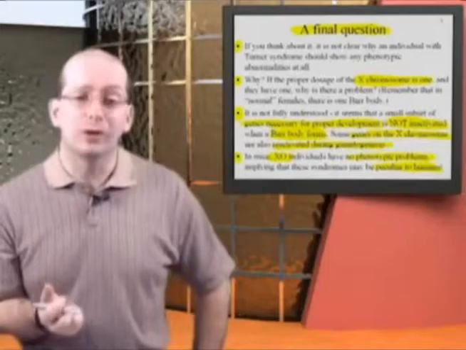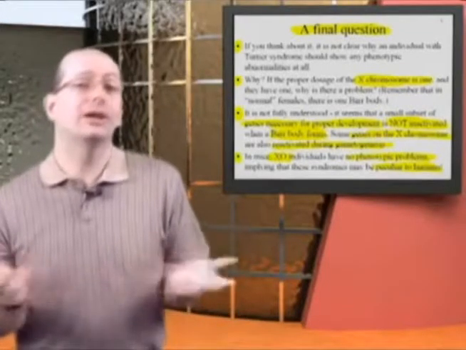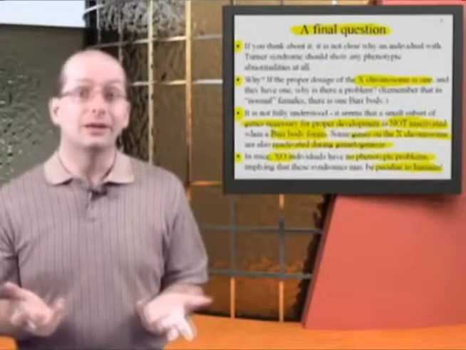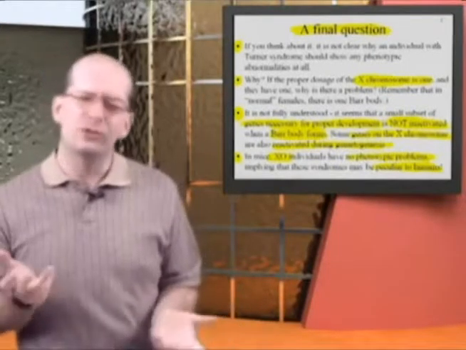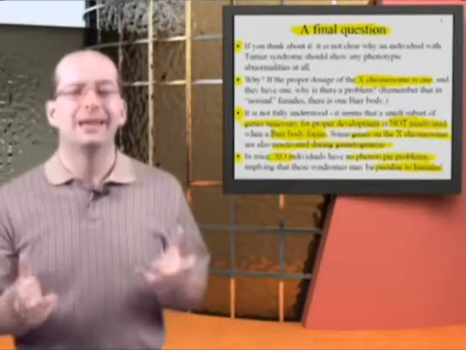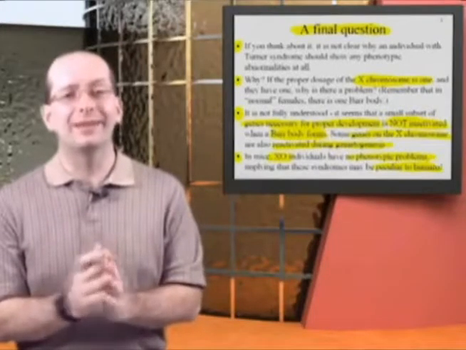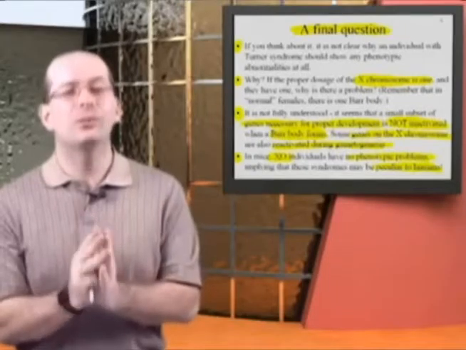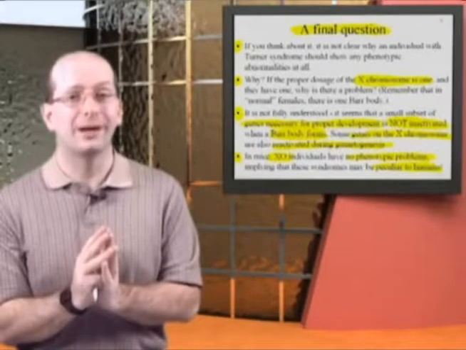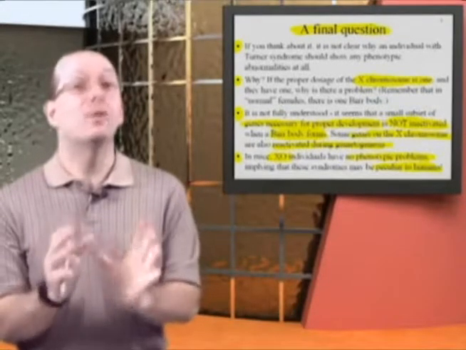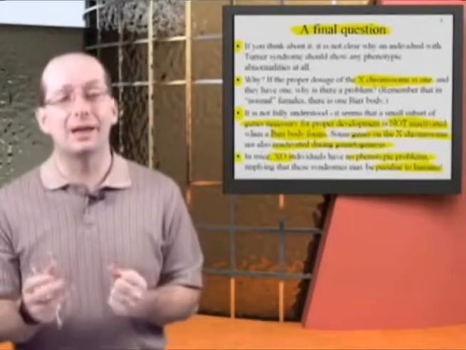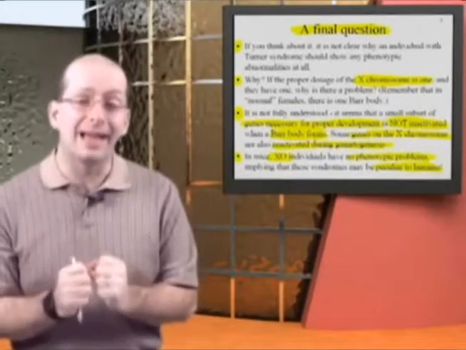And we don't have to go through it all, but the same logic could be applied to, say, a Klinefelter guy. XXY. Well, one of them gets turned off, just like in a normal female. Why should there be problems? So something has to be up with the fact that some of those genes on the X chromosome, even when they're turned off, right, even when the X chromosome is inactivated, there must be some gene activity at some time, and the lack of that leads to the problem.